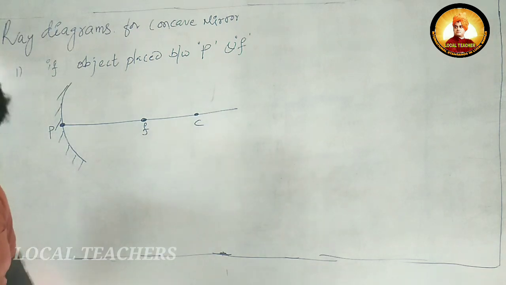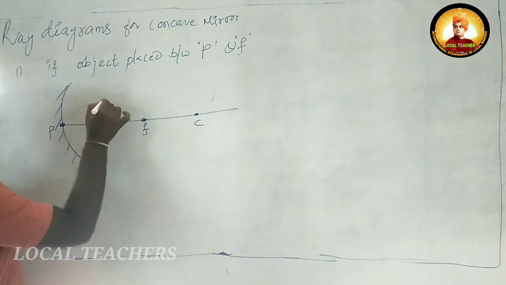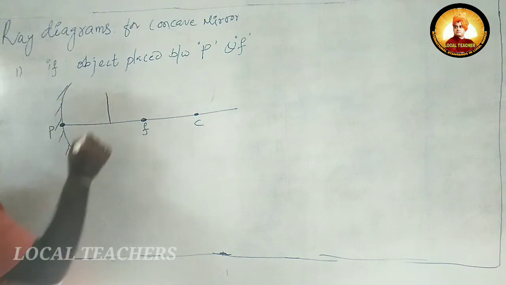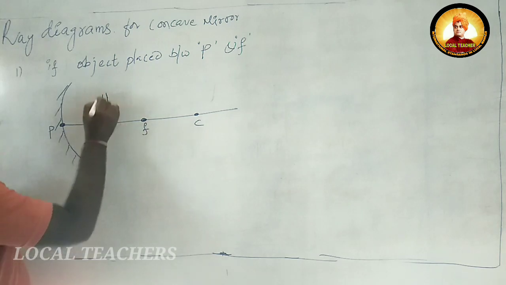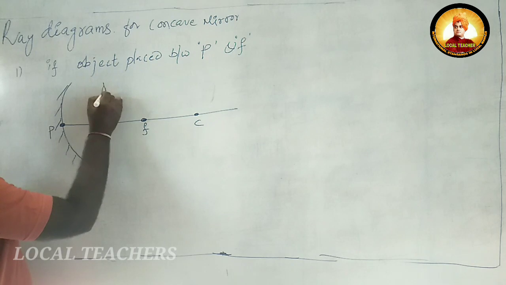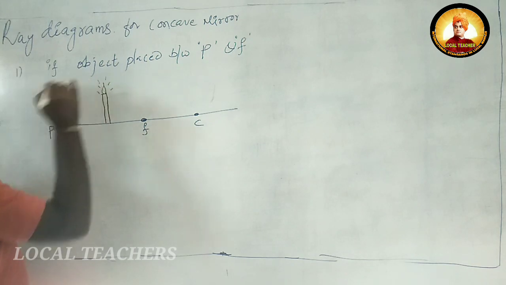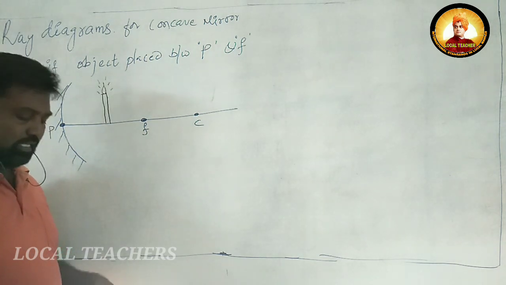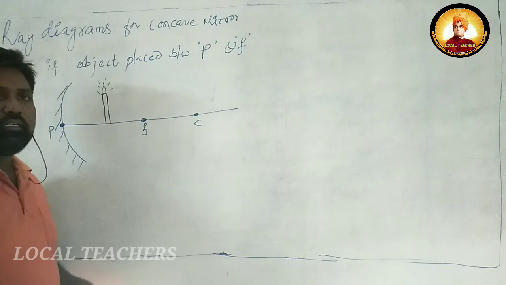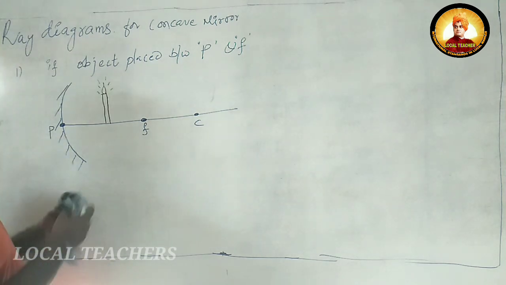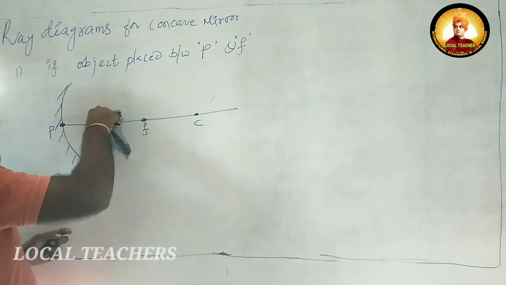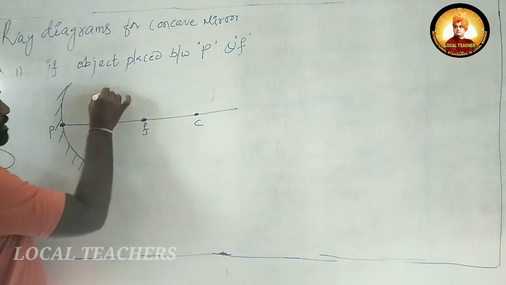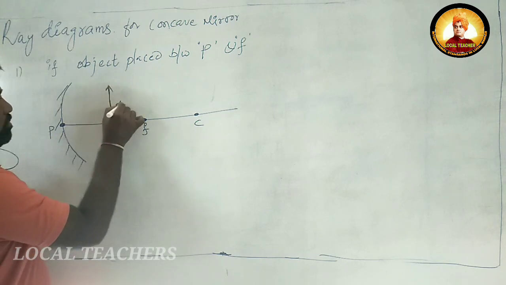Here I am placing an object in between P and F. Generally in our lab experiment we consider a candle as the object. For our convenience, instead of a candle I am considering an arrow like this to represent the object.